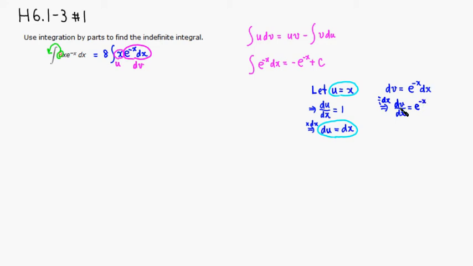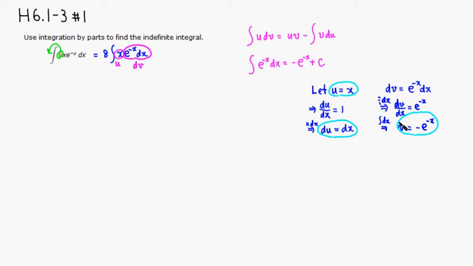So this is the derivative of v. In order to get v, we take the antiderivative. The antiderivative of e to the negative x is negative e to the negative x. So we have v here.